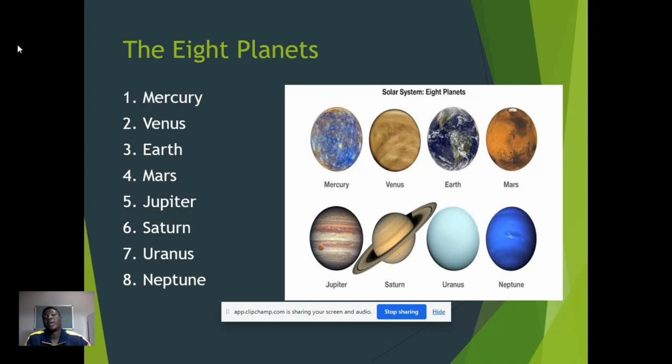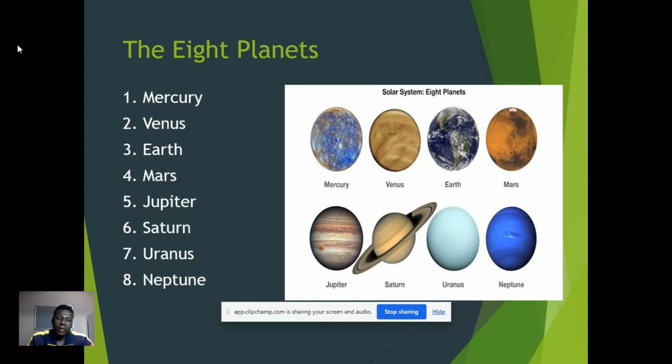Okay, then we have the fourth planet from the sun, which is Mars. Mars is a dusty, cold desert world with a very thin atmosphere.